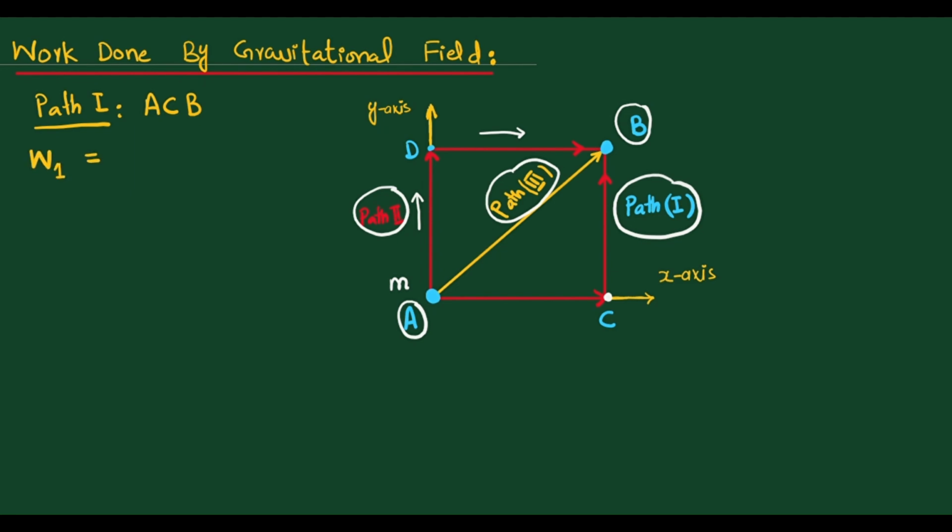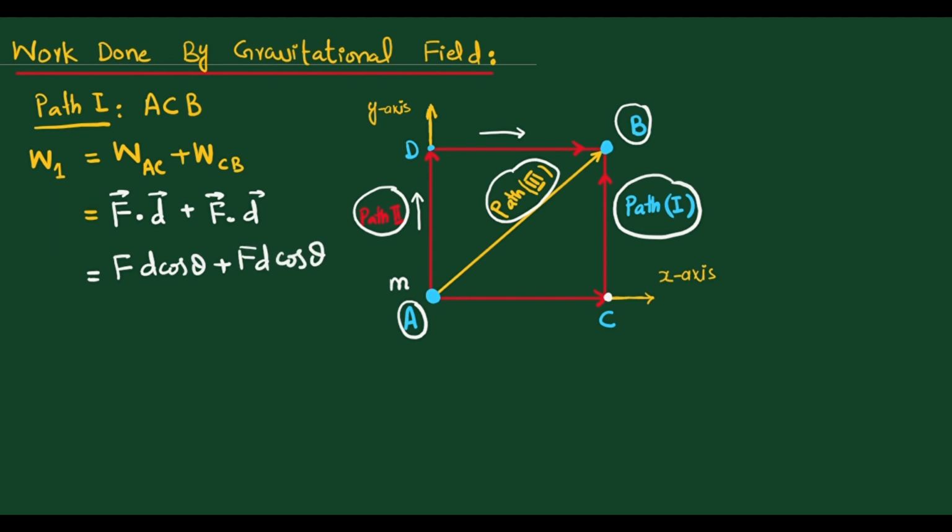The work done in path 1 is equal to the work done from A to C plus the work done from C to B. As we know, the work done is F dot d displacement plus F dot d displacement for both parts. If we open the dot product, it is F d cos theta plus F d cos theta.